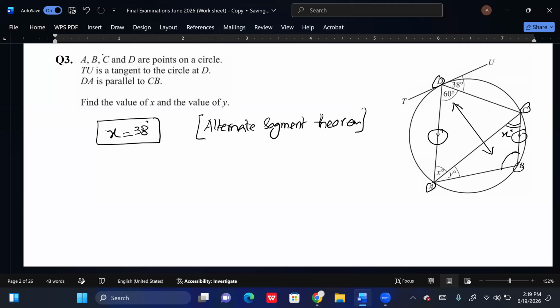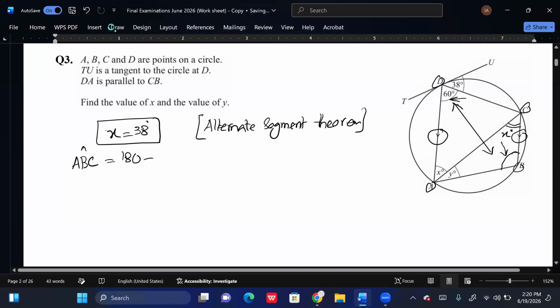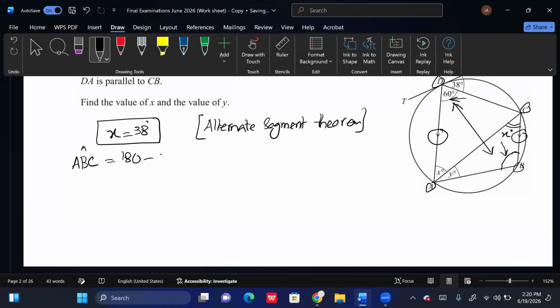And in a cyclic quadrilateral, the sum of the opposite angles must be 180 degrees. It means if I add this angle and this angle, the sum must be 180 degrees. So angle ABC will be 180 minus 60 degrees.